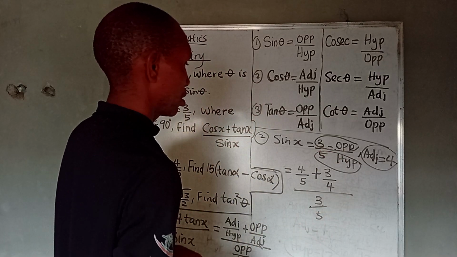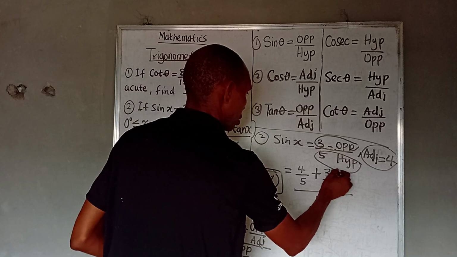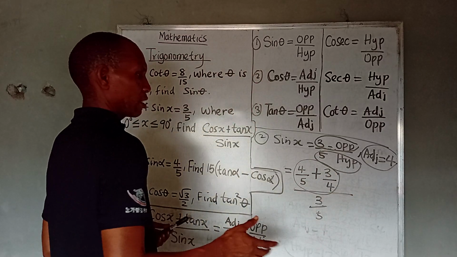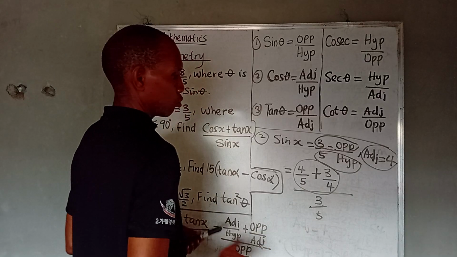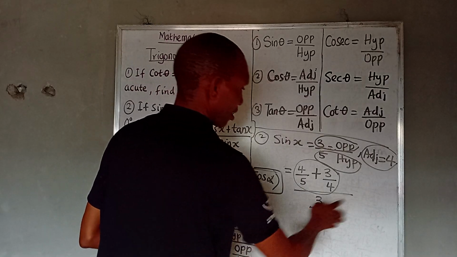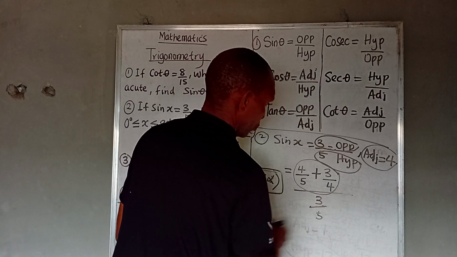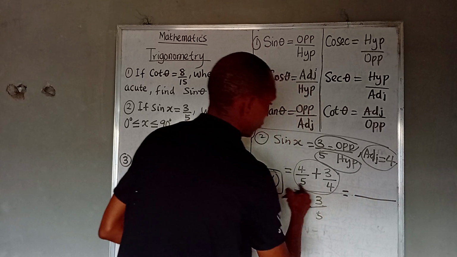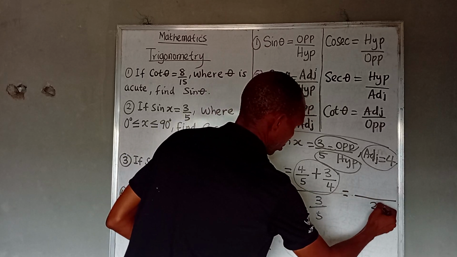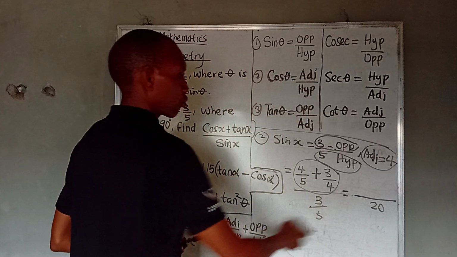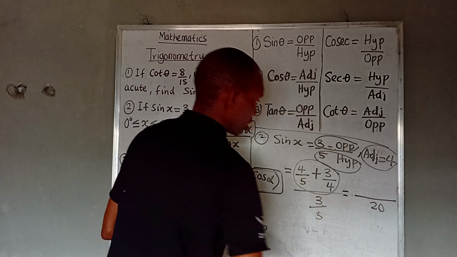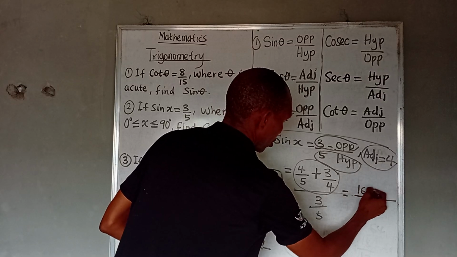So what do we do with this? We simplify the numerator. Don't forget that when adding fractions, you have to look for the LCM of the denominators. So LCM of 5 and 4 is 20. So 20 divided by 5 gives us 4. 4 times 4 is 16.